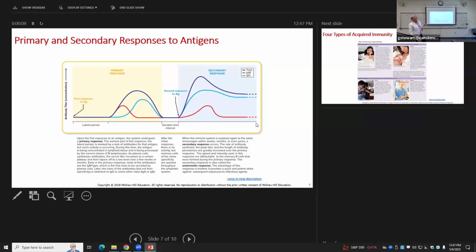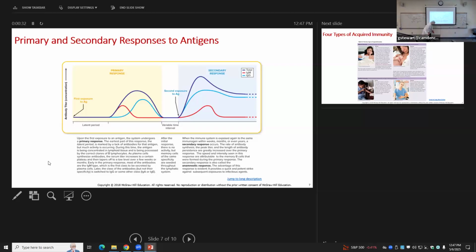So this is a picture of the primary and secondary response to antigens. A lot of times I show this at the end when we talk about immunoglobulins, but sometimes, like last week, we were about up to our eyeballs with the information we could absorb, so I saved that for next time.